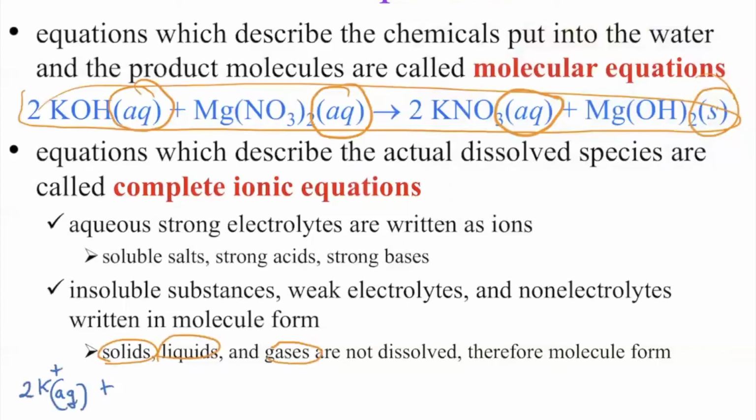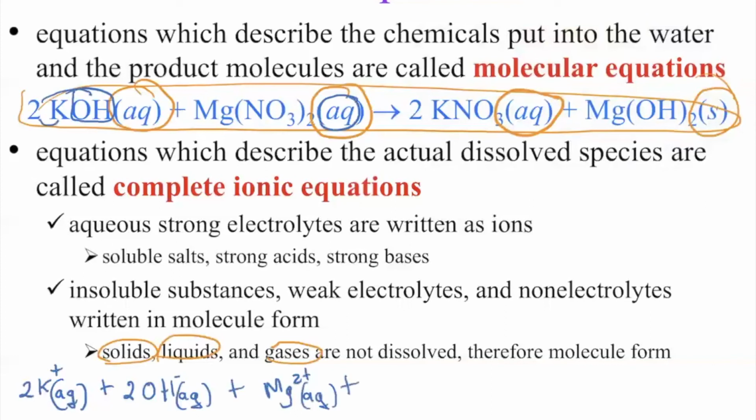So I have 2 hydroxyls. That 2 counts for the potassium and for the hydroxyl. So I'm gonna write 2 hydroxyl, and you wanna put the charge of hydroxyl, and it's also aqueous. Plus this is aqueous, so that means I'm gonna separate it. I have 1 magnesium, so I'm gonna write Mg, and what is the charge of magnesium in that compound? It's a 2 plus, and it's aqueous.